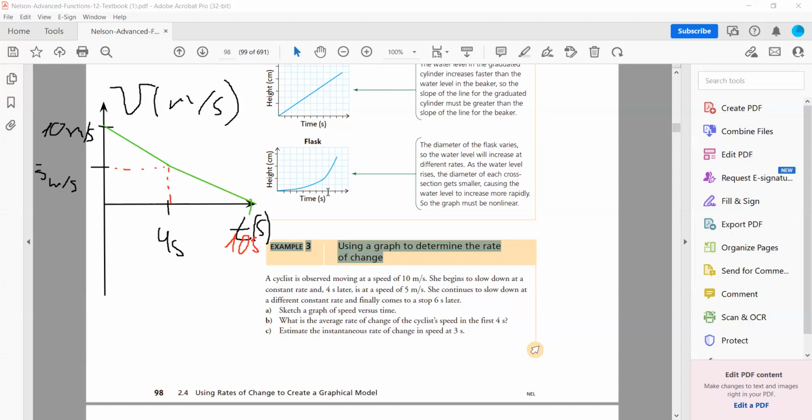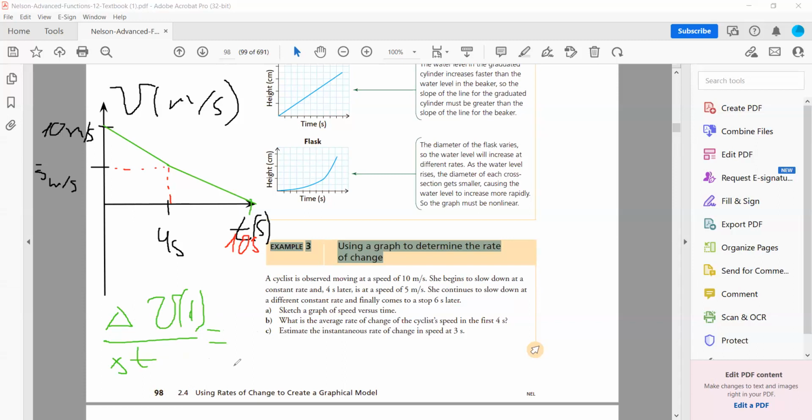Okay, we sketch the graph. What is the average rate of change of the cyclist's speed in the first 4 seconds? We can use our well-known formula, delta V of t over delta t, where the 2 moments of time are 0 seconds and 4 seconds.